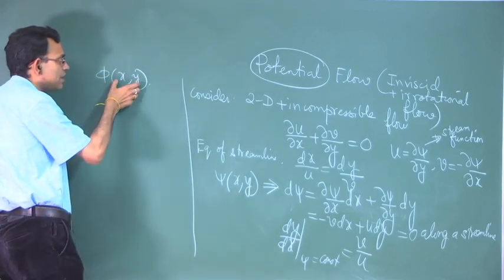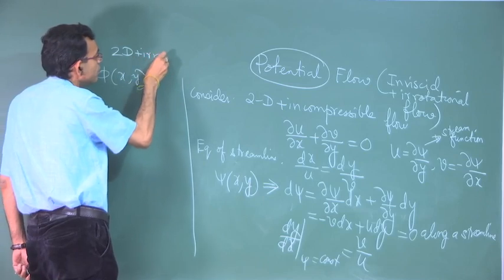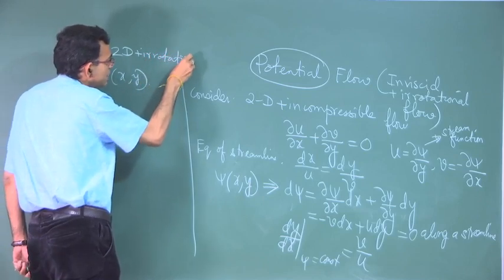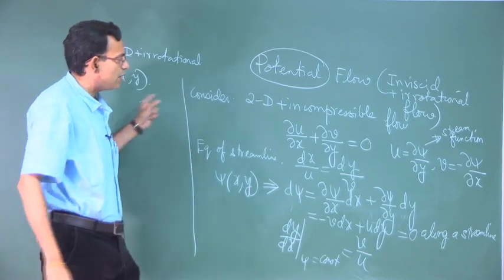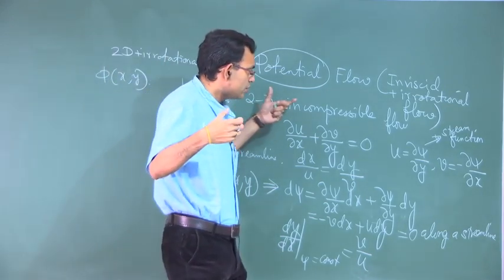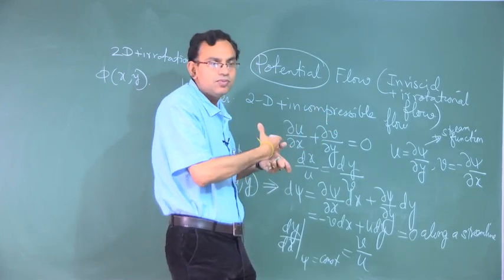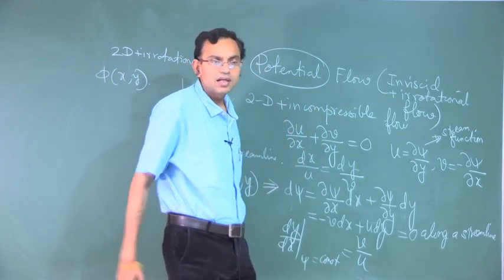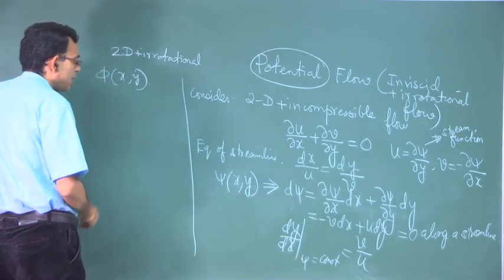So, now we consider a two dimensional and irrotational flow. Irrotational flows are very general, they can be three dimensional also, but because we are bringing the stream function and velocity potential on the same platform, we are considering both as two dimensional flow. So, phi is a function of x and y.